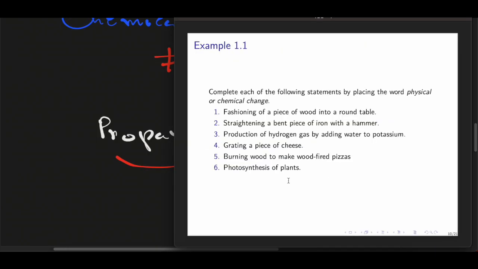So to check comprehension, let's do this first example. Here we are asked to complete each statement by placing the words physical or chemical change. First statement: fashioning a piece of wood into a round table.